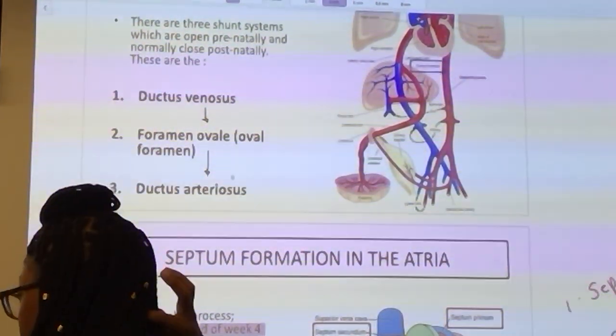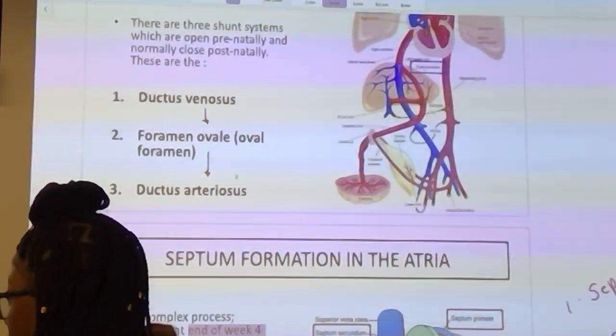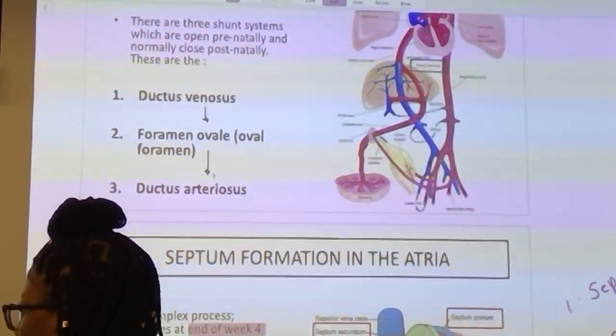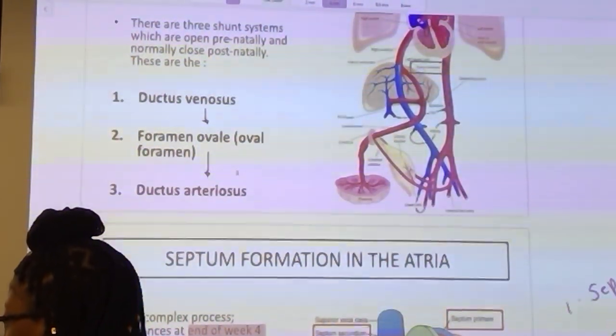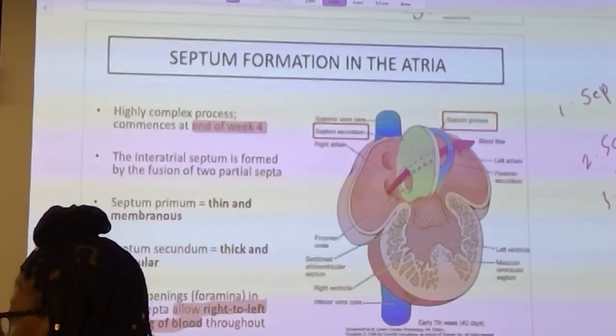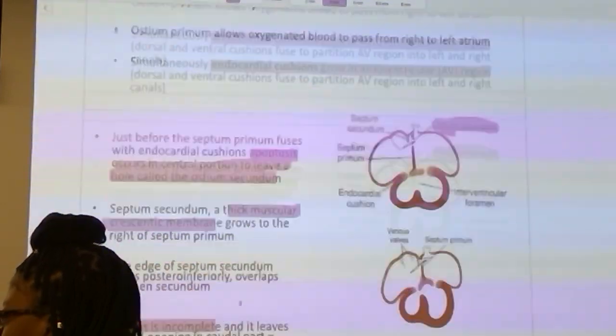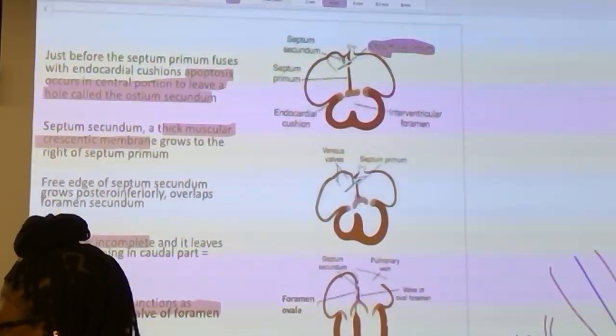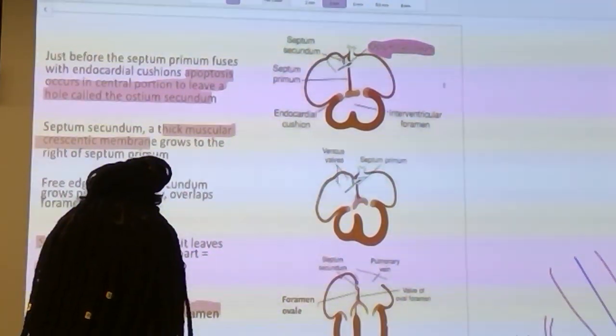And ductus arteriosus, it bypasses the lungs, it goes straight to the aorta. Did everyone get that? Okay. And just know that the ostium secundum is formed by apoptosis.